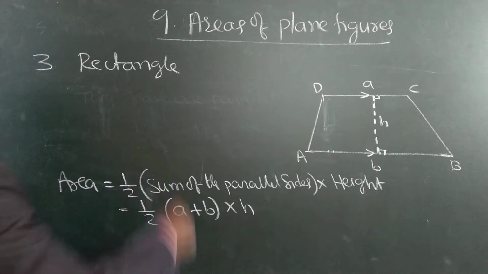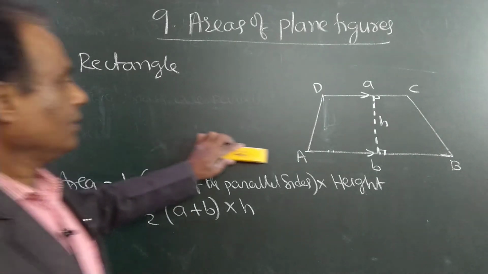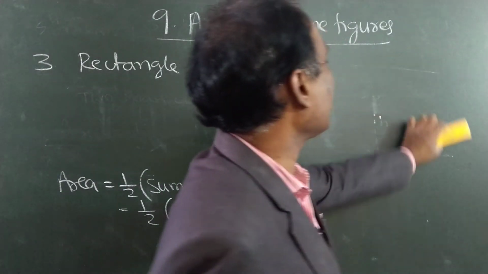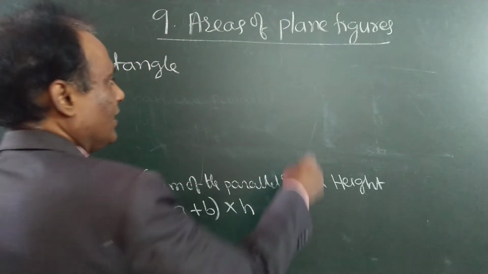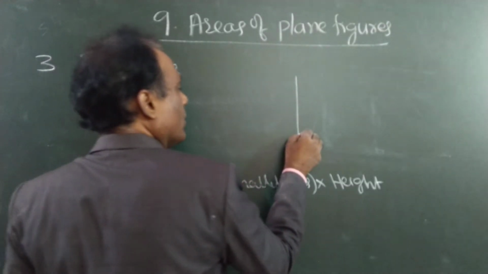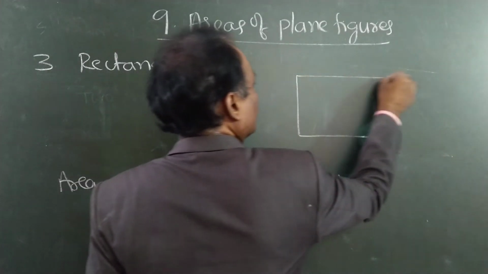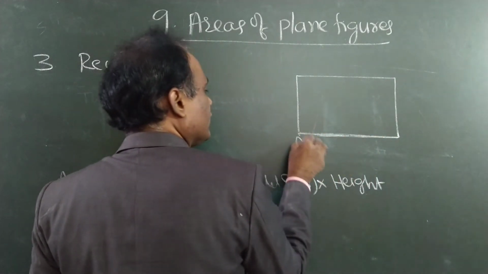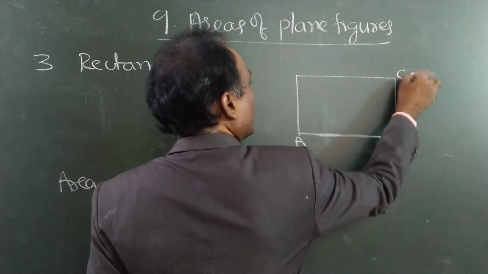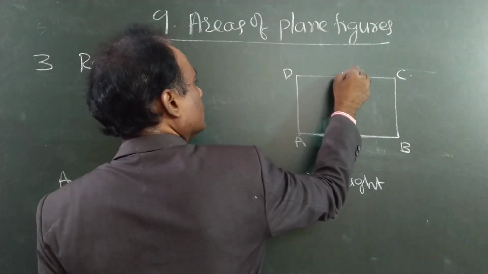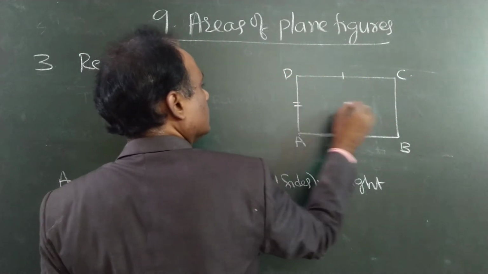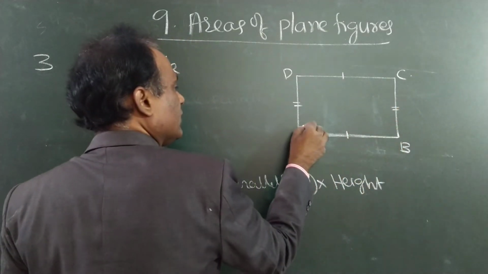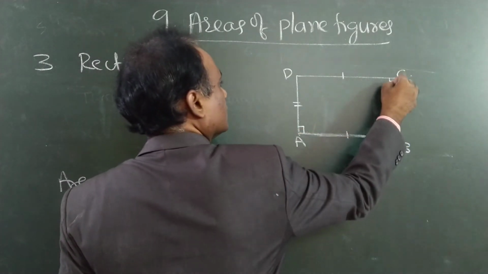Third diagram. Rectangle, you know it. Bounded by four sides. Rectangle will have four sides in which opposite sides are equal and each angle is 90 degrees.